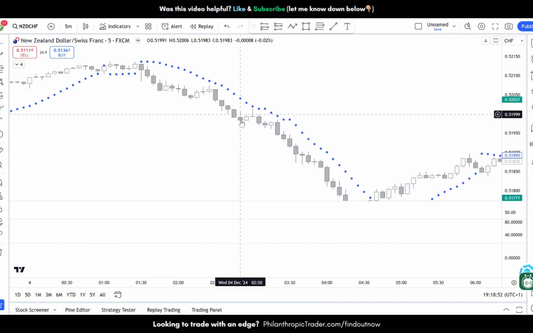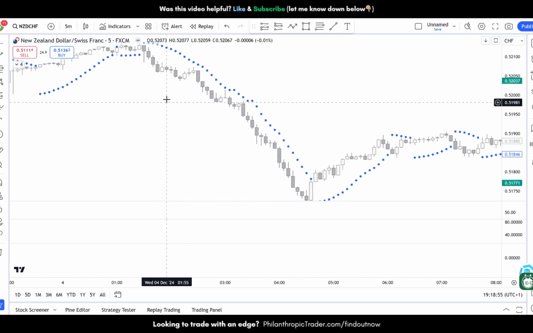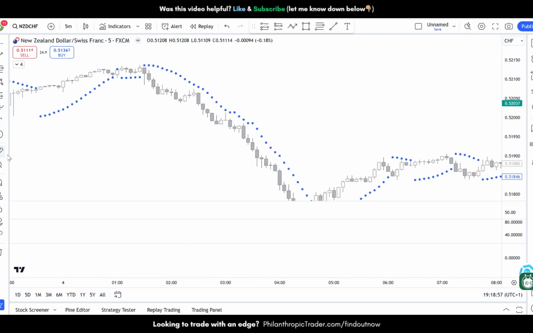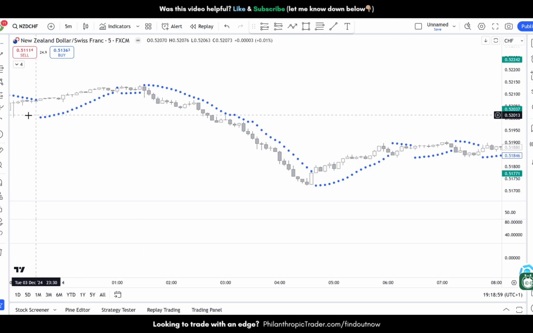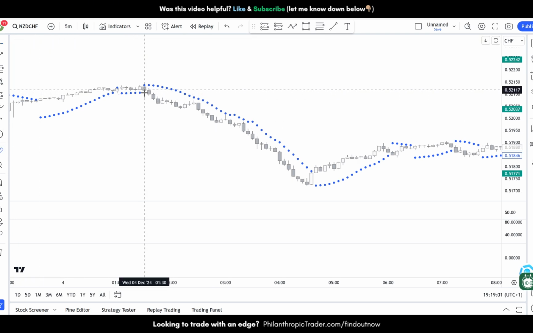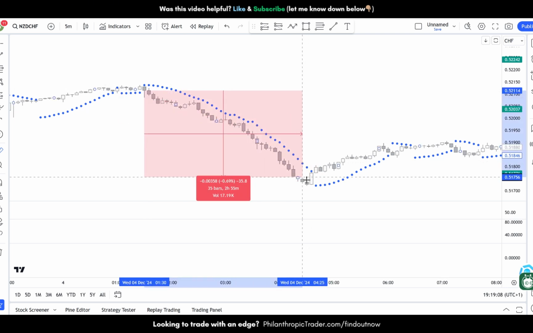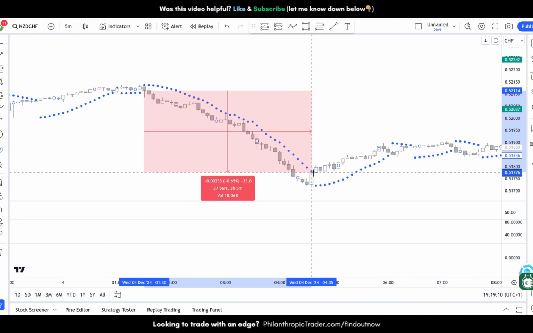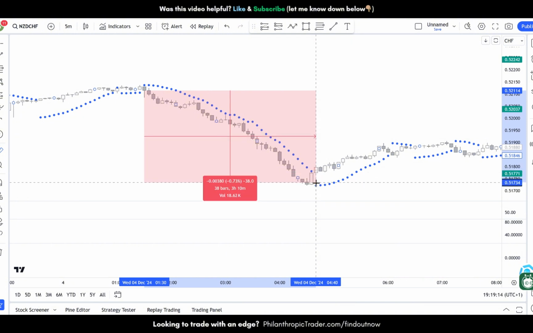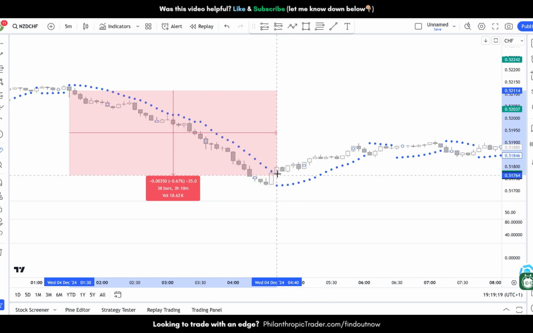And this is a really nice trade, because what you can do over here is, let's say that from this candle you take a sell, because this is the first dot. We go down and we close the trade once the bullish dot appears, because the dot over here is below the candle.